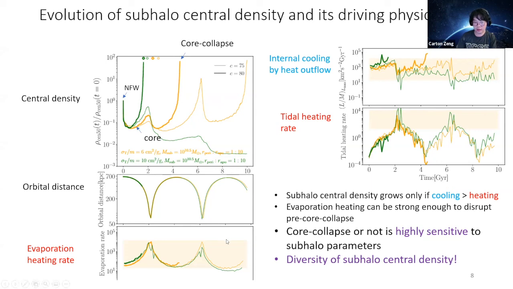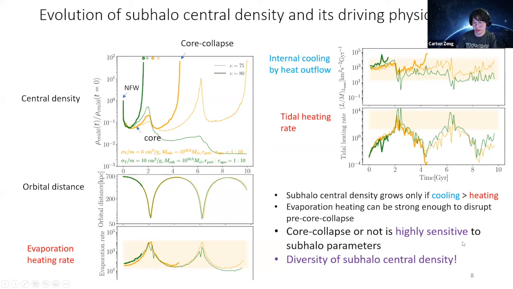And our primary conclusion in comparing these heating and cooling rates is that the subhalo central density grows if and only if the net cooling outweighs the net heating, by correlating the evolution of the central density versus the other terms.